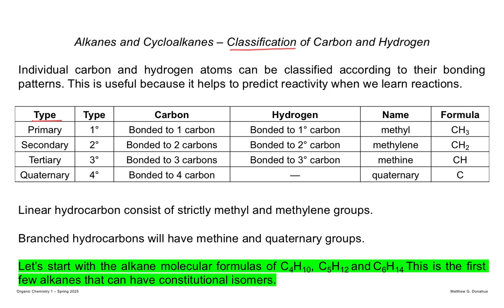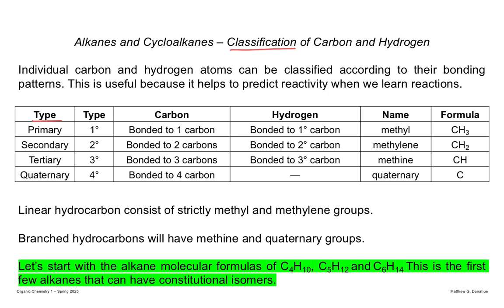A primary hydrogen is bonded to a single carbon, that's called a methyl group. So a secondary carbon has 2 carbons bonded to it, tertiary 3, and quaternary 4. So that's self-explanatory.